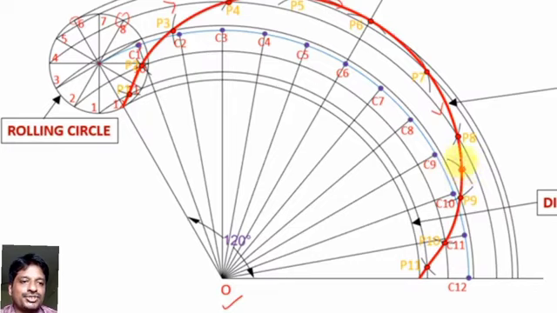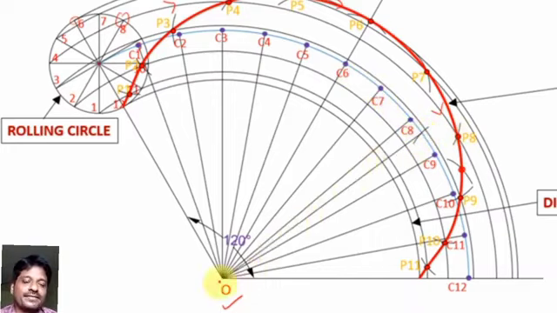And now we have to join this arc with the center point of the rolling circle, in this case the rolling circle radius is 25 mm, and mark an arc over here which cuts the blue line, that is the center line that was generated from the rolling circle.